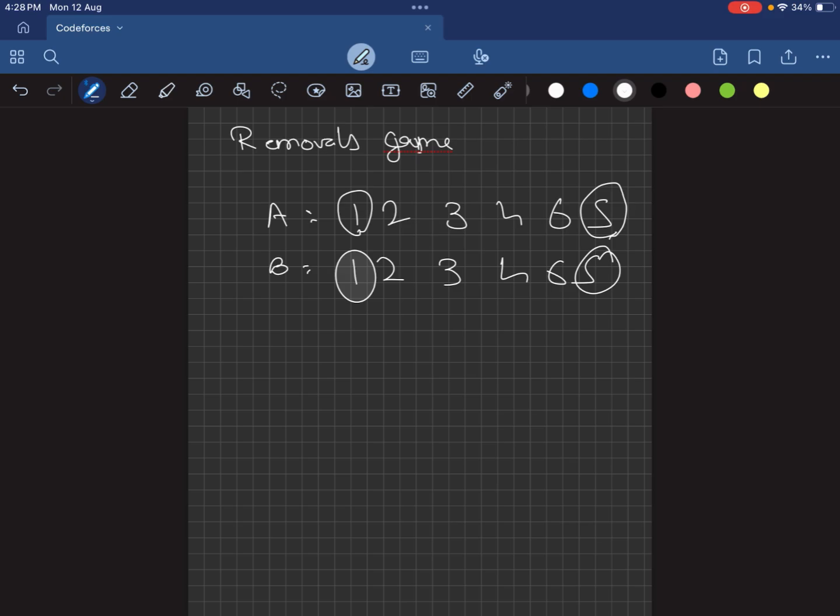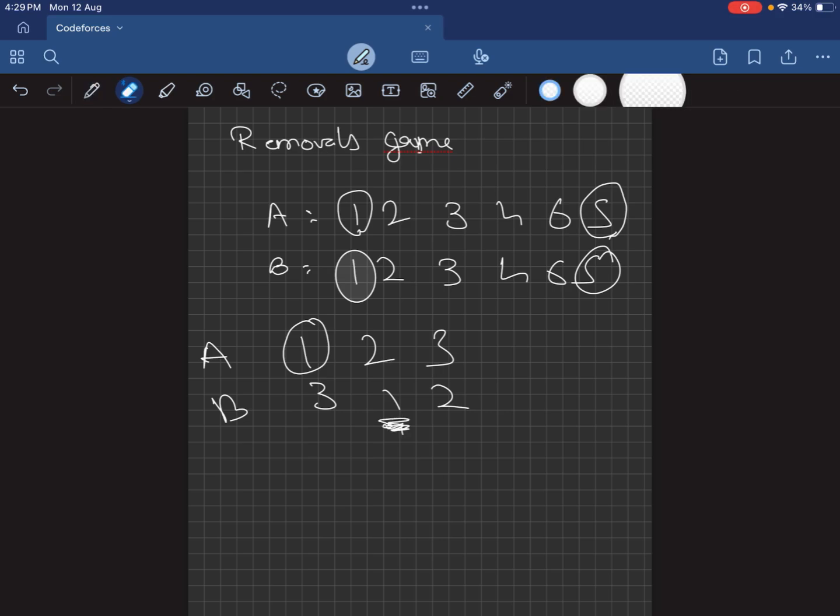Okay, but what if these permutations are not equal? For example, 1 2 3 and 3 1 2. Alice has this and Bob has this. In this case, Alice has the chance to play 1 or 3. Alice can play 1 because for Bob, the number 1 is at the center.